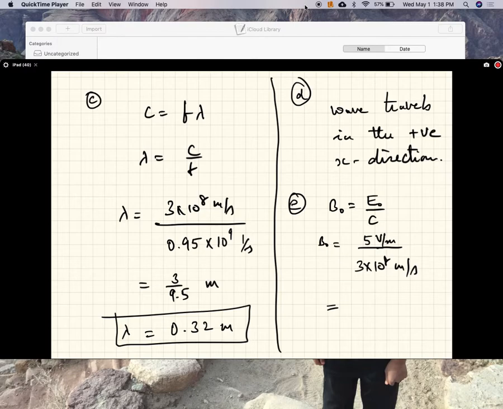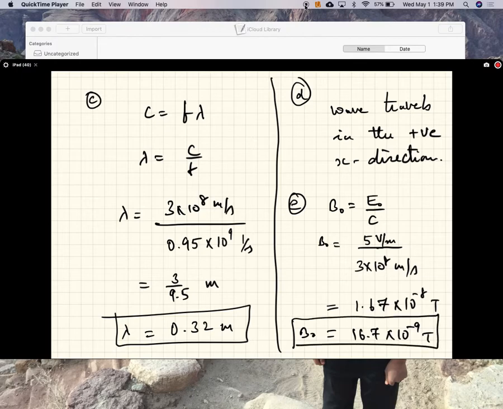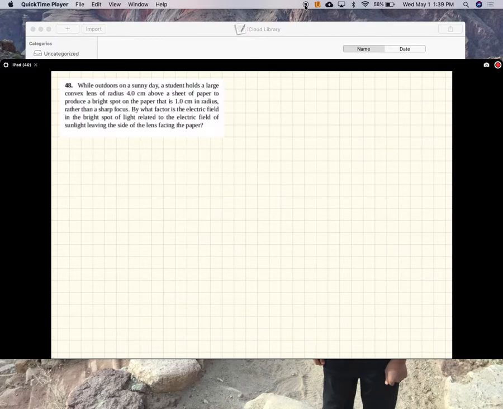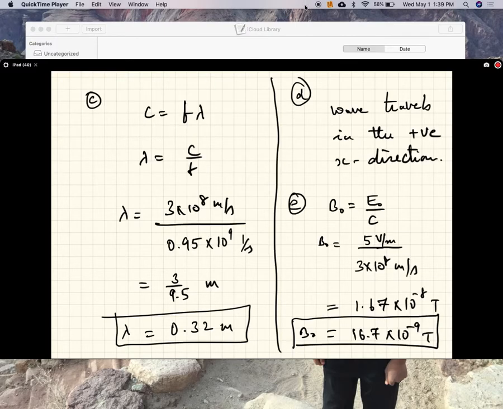This is 1.67 times 10 to the minus 8 Tesla, which we'll write as 16.7 times 10 to the minus 9 Tesla, or nanoTesla. That's the amplitude of the magnetic field. We still have to write the expression for the magnetic field. The wave travels in the positive x direction.